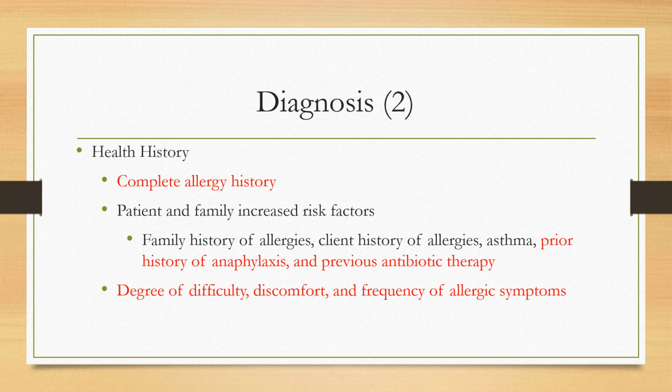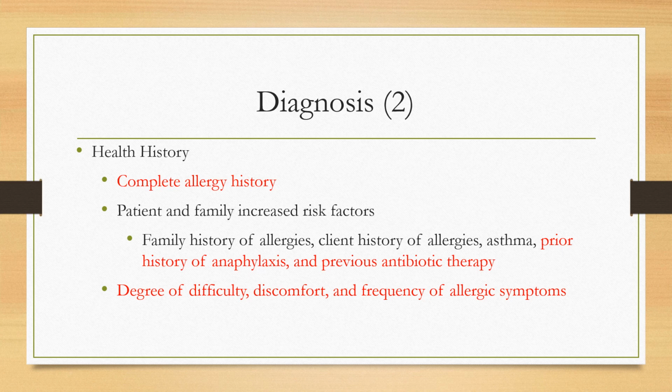So it stands to reason that we want to talk to the family because we want to know who else has these sensitivities. So family history of allergies, client history of allergies, do they have asthma? Does anyone in the family have asthma? Has there been a prior history of anaphylaxis either with your client or with a family member? And have they undergone previous antibiotic therapy? Because previous antibiotic therapy can also be a precursor to an allergic disorder.